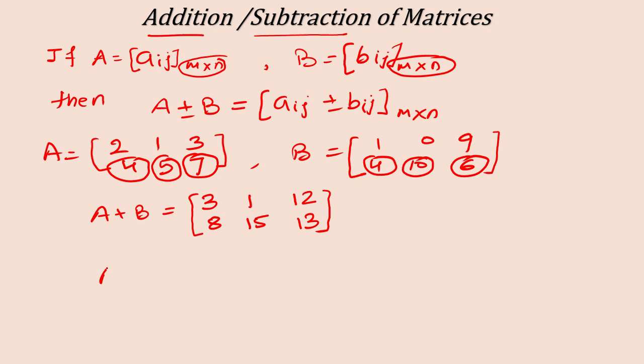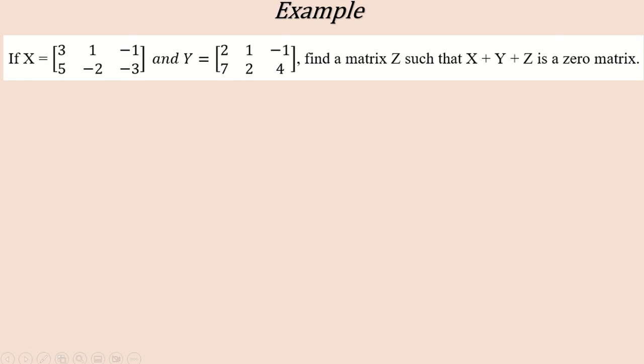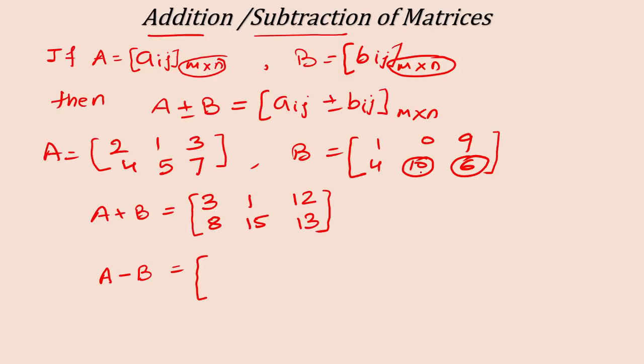Now how are we going to find A minus B? In the same way, we just have to subtract the corresponding elements. So it will be 2 minus 1, because 2 is the first element and 1 is the first element there. It will be 1.